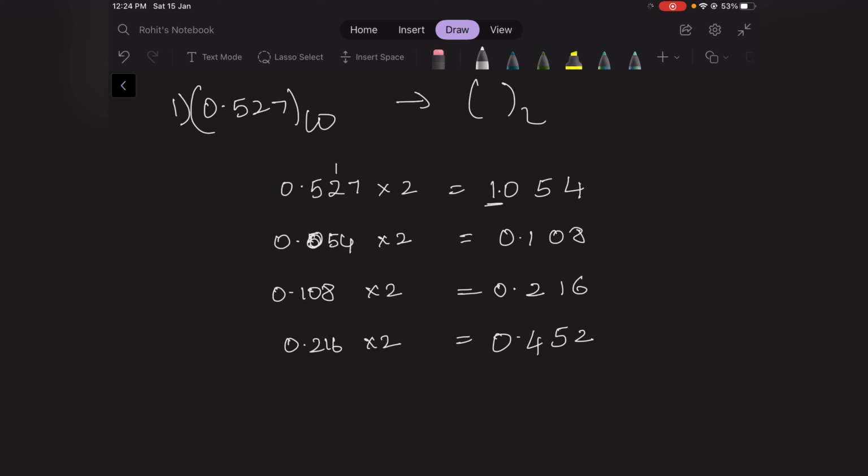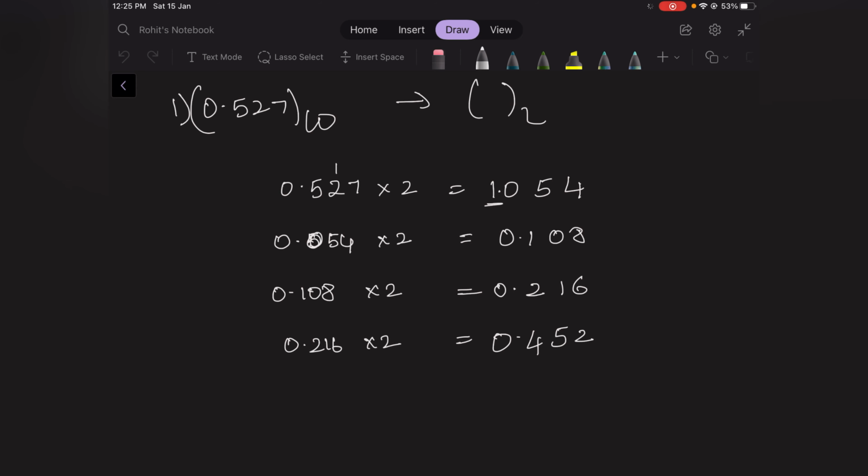Again we don't have any value before the decimal point, so let us take the whole number and multiply it by 2. So 0.108 multiplied by 2, we get the product 0.216. Again we don't have any value before the decimal point, so we multiply it by 2, and we get the product 0.452.